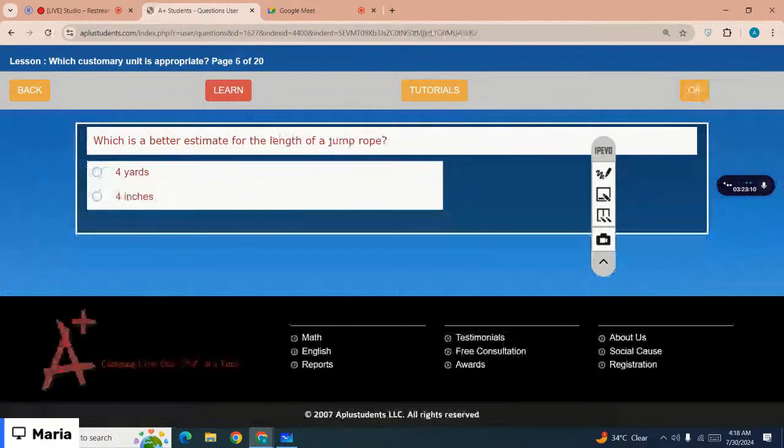Which is the better estimate for the length of a jump rope? So, which is the correct option?